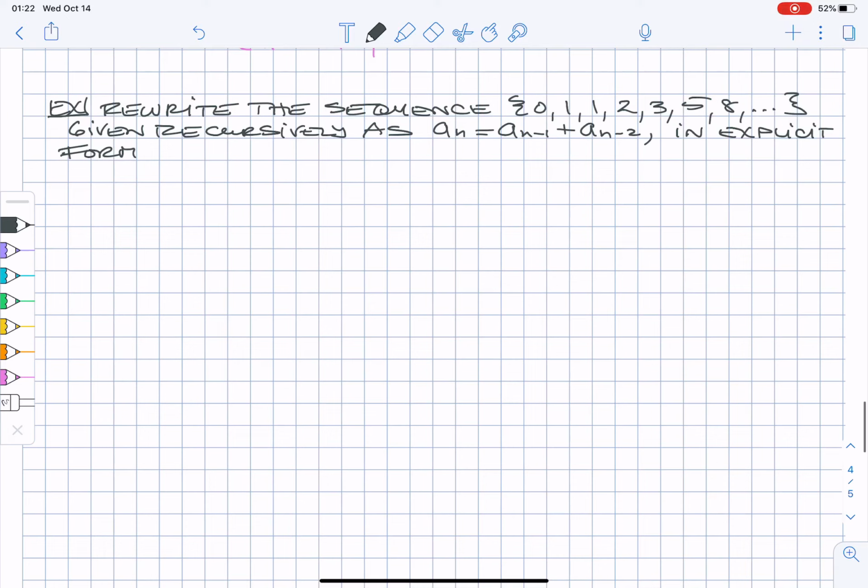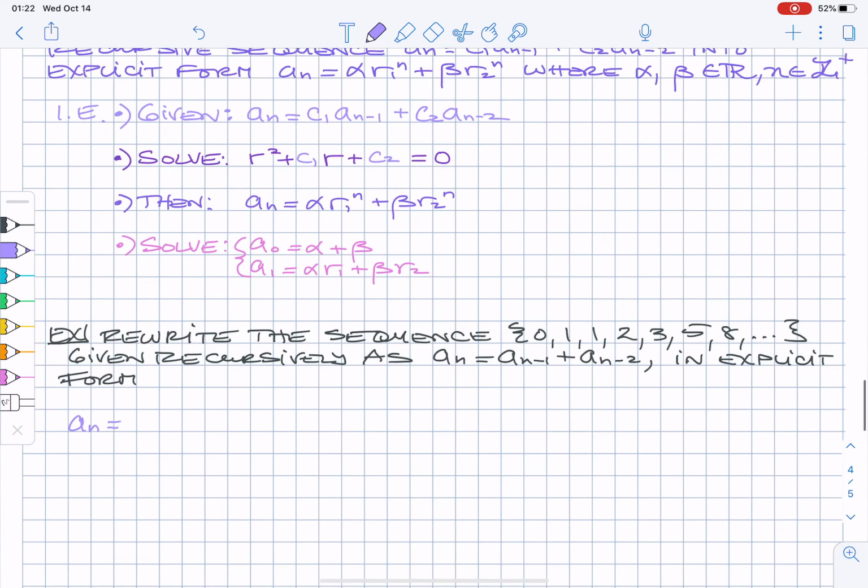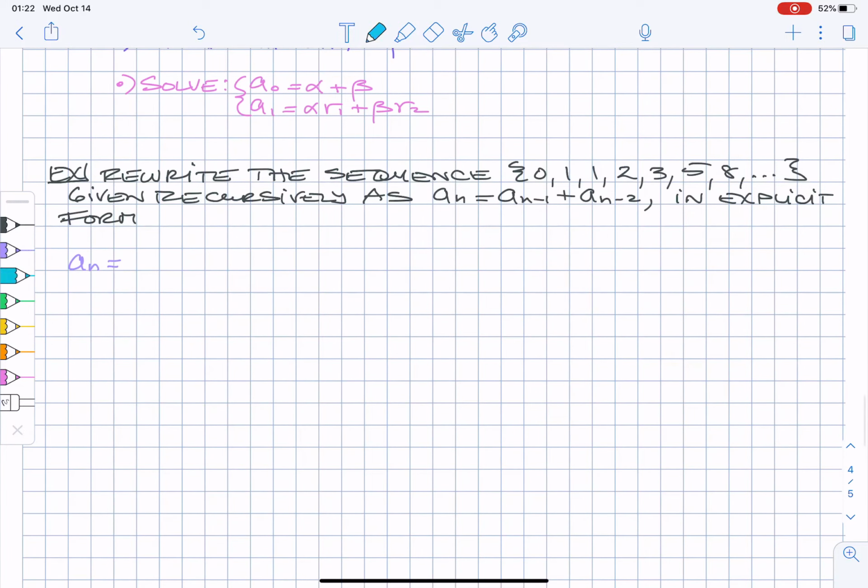Okay, so step 1. We know that A sub n is equal to, I claim that this is 1 times A sub n minus 1 plus 1 times A sub n minus 2.